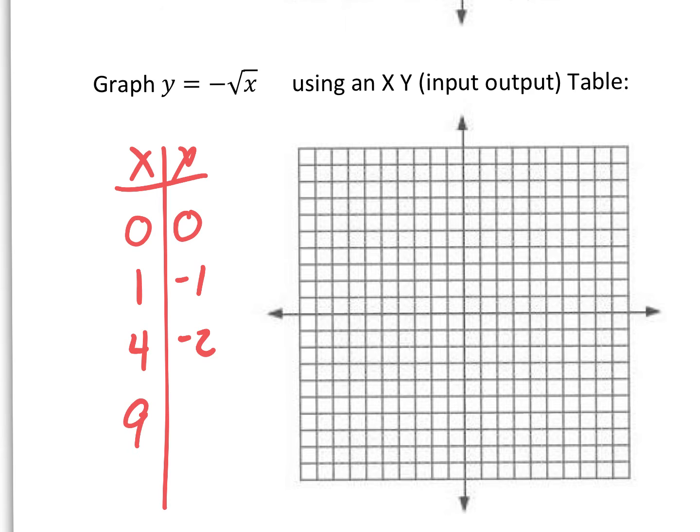The square root of 9 is 3, but with the negative in front, -3. And let's graph this guy. 0, 0, 1, -1, 4, -2, and 9, -3. As you can see, this is your new graph.